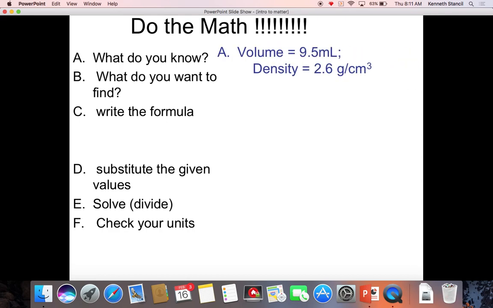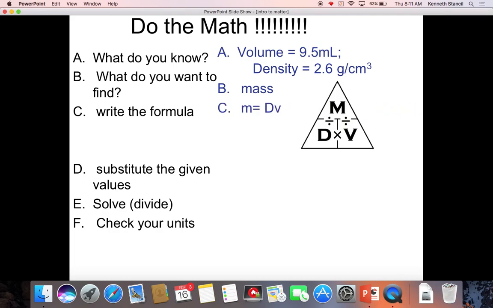What do we know? Volume and density. What do we want to find here? The mass. We've got our formula here. How do we manipulate it? Density times volume is going to give us what? The mass.